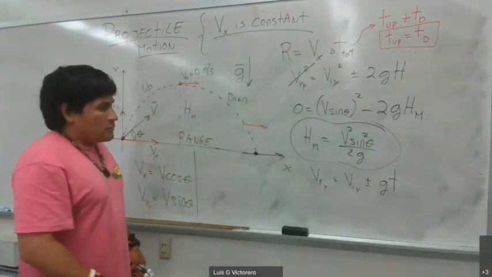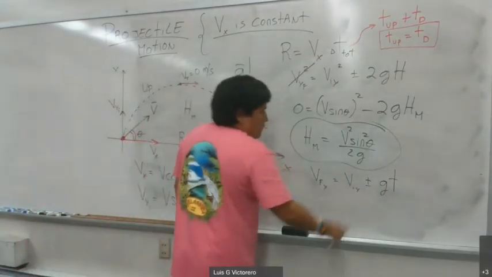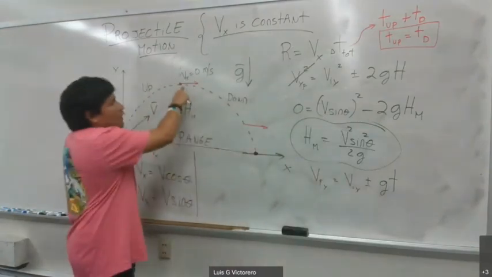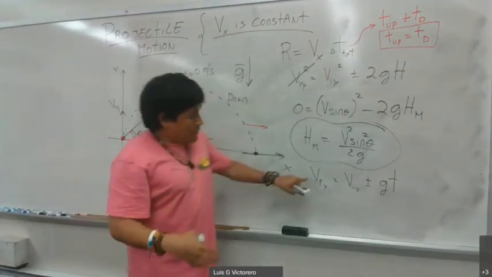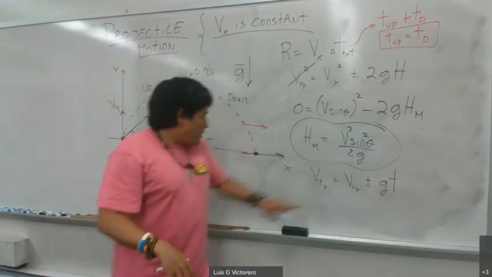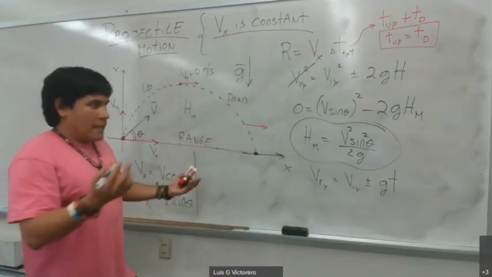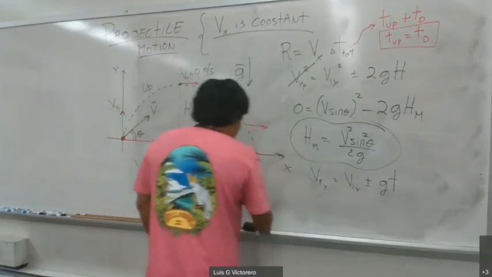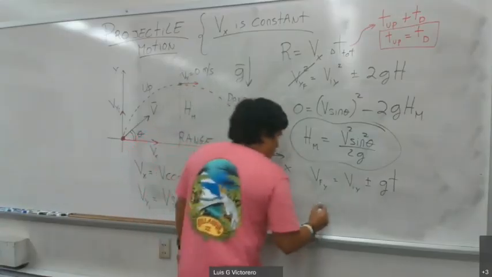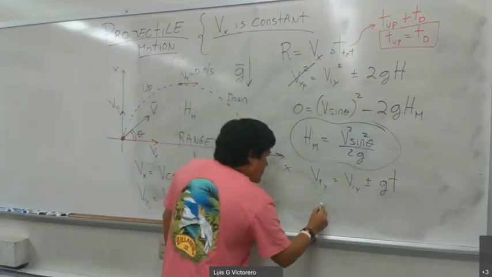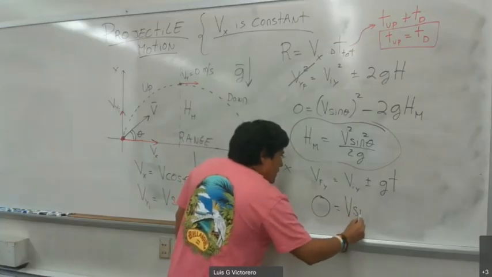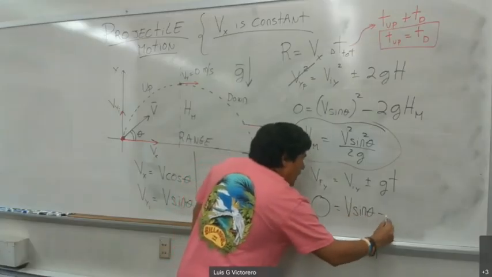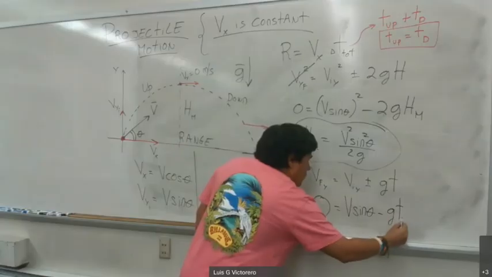To go up, we use minus. At the maximum height, because I want the total time it takes to go up, this is 0. I know this, so I can find time. 0 equals V sine theta minus g times the time to go up.